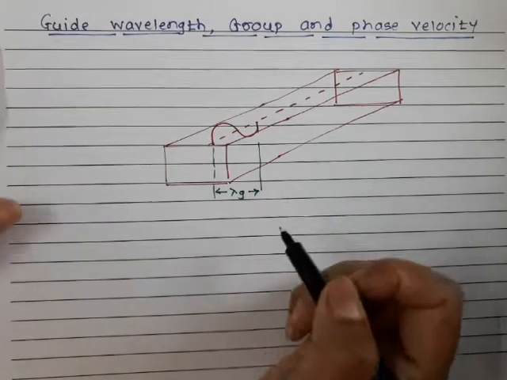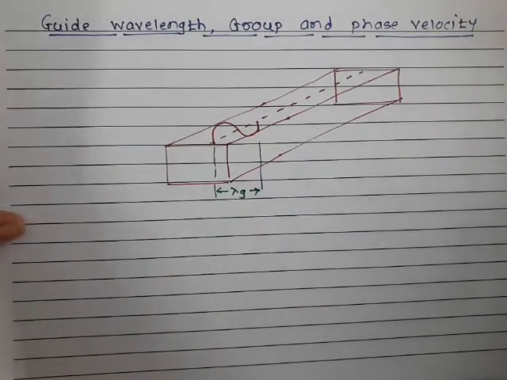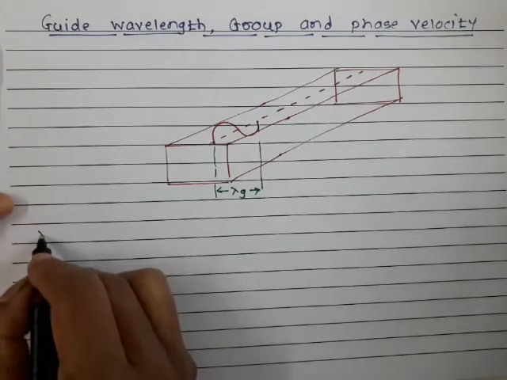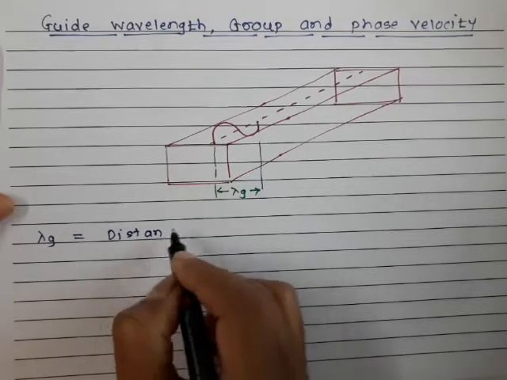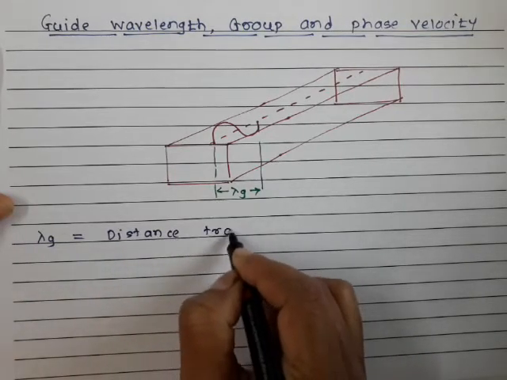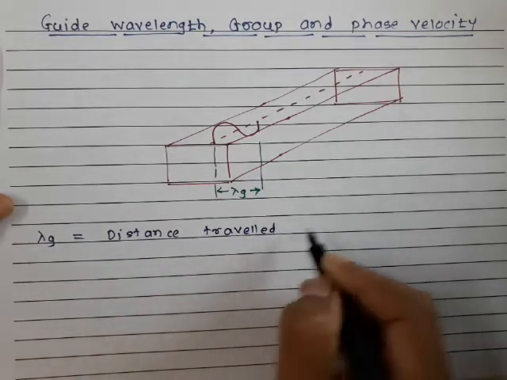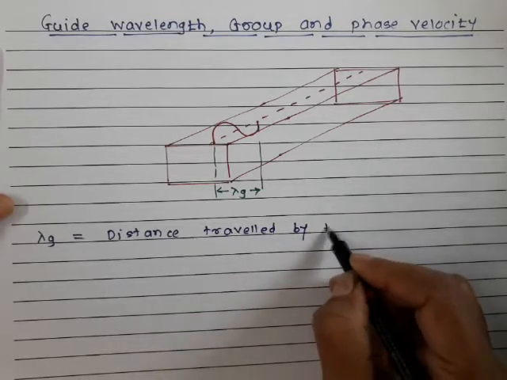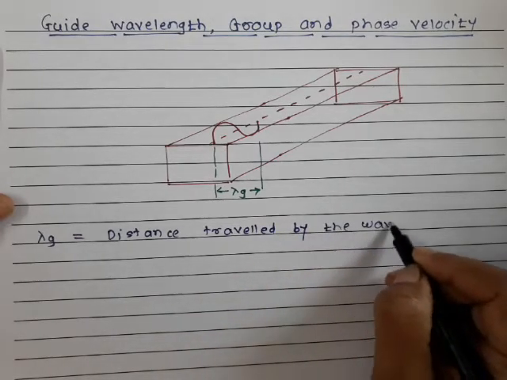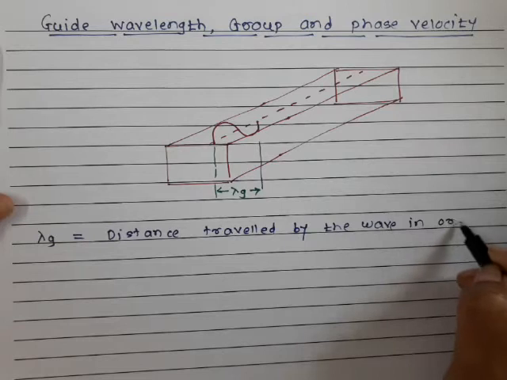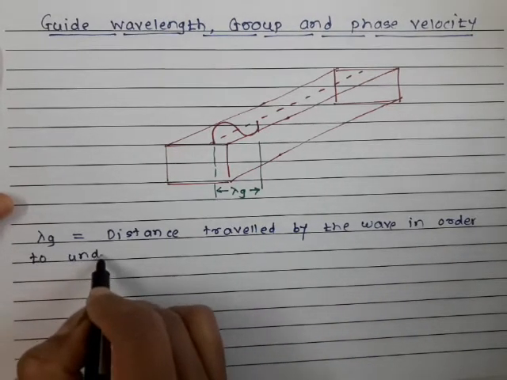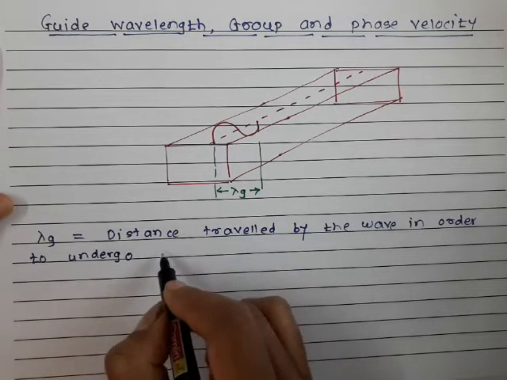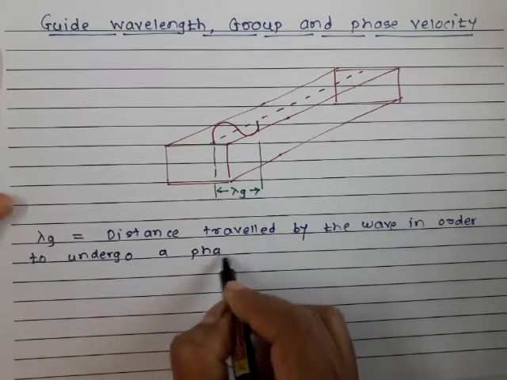Now how are you going to define the guide wavelength? It is defined as the distance. So this lambda g is nothing but the distance traveled by the wave in order to undergo a phase shift of 2 pi radians.